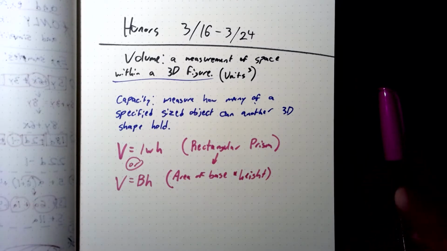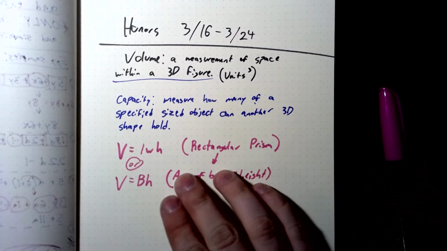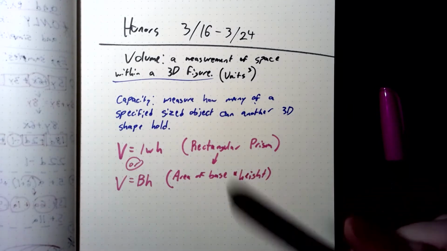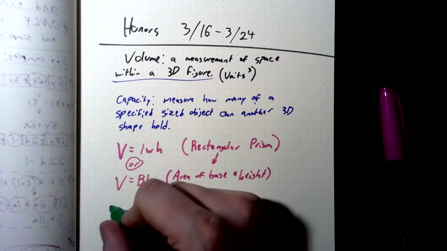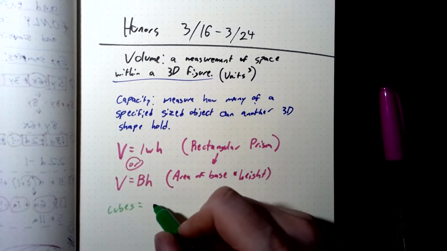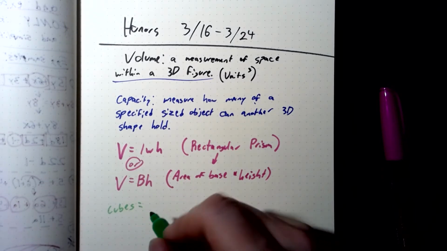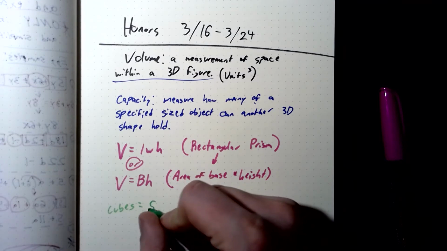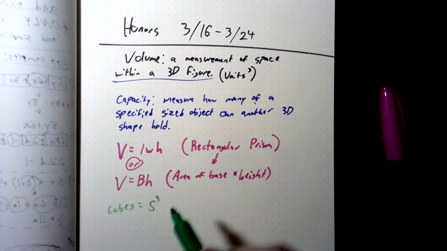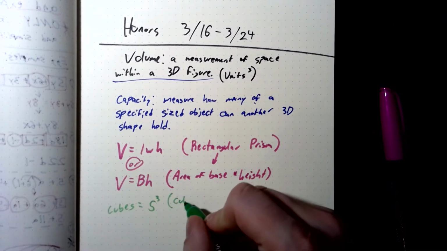You can use this same formula for finding volume for a cube, but for cubes, it's more proper to simply write that we are going to take the side length and find that side cubed. And this is for a cube.